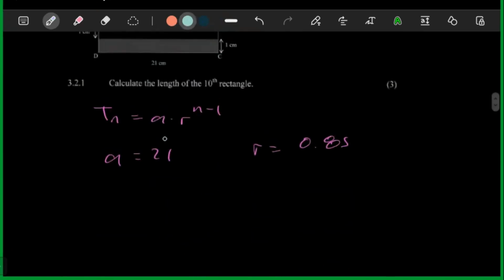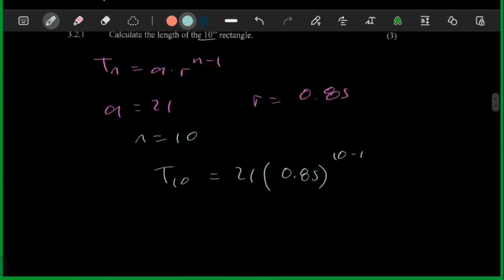So here we now need to find the 10th rectangle, so n is 10. Here you're going to say T10 is equal to 21 times 0.85 to the power 10 minus 1, which is 9. So 21 times 0.85 to the power 9. Let's see what this gives us in the calculator.